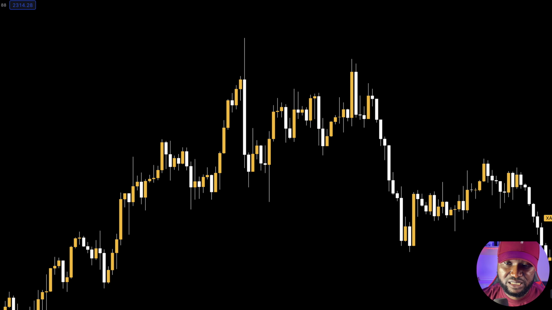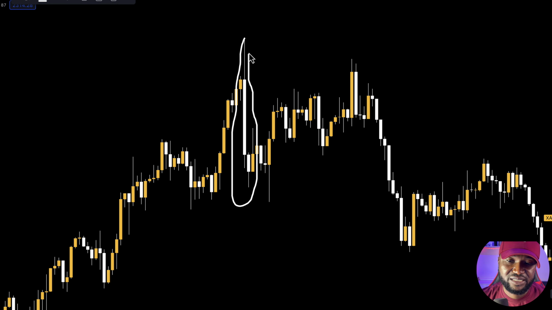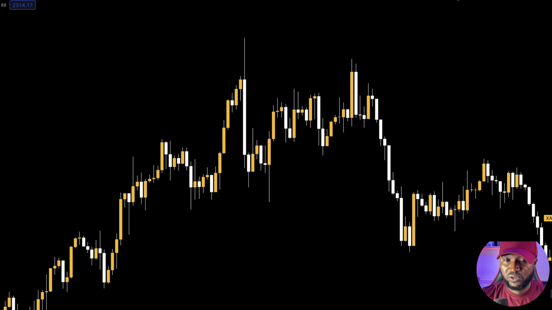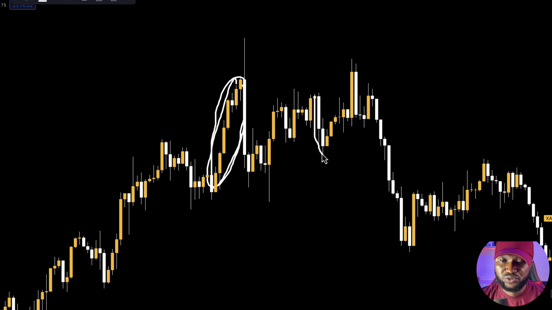For instance, look at this. This is a retracement, of course. Just because it is 2 candles, it doesn't mean that I will not call it a retracement. Why? Because I'm literally seeing it closing up more than 5 candles or more than 3 candles, just like this one too. So this one is also a retracement to me.